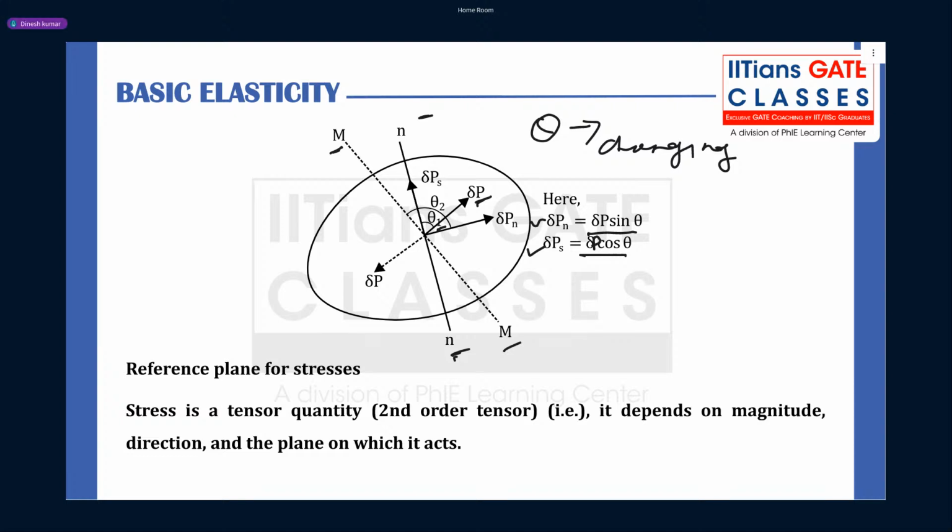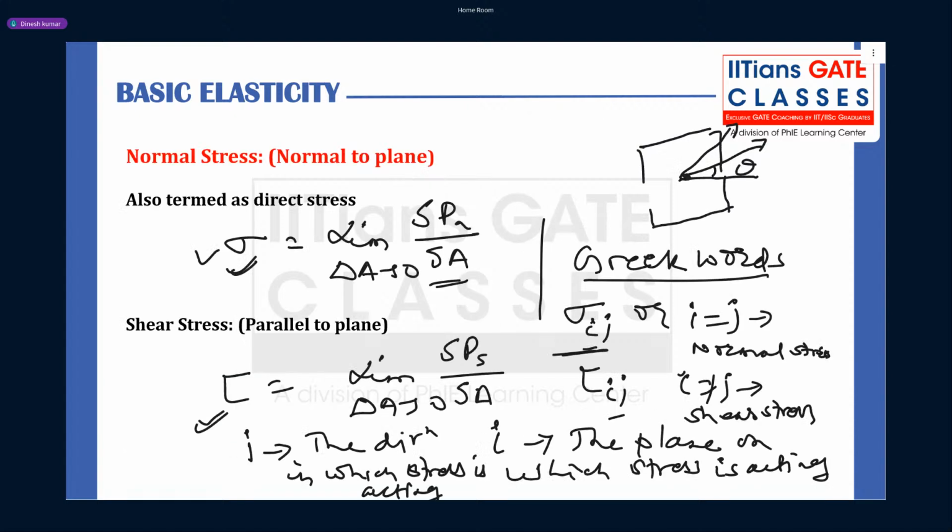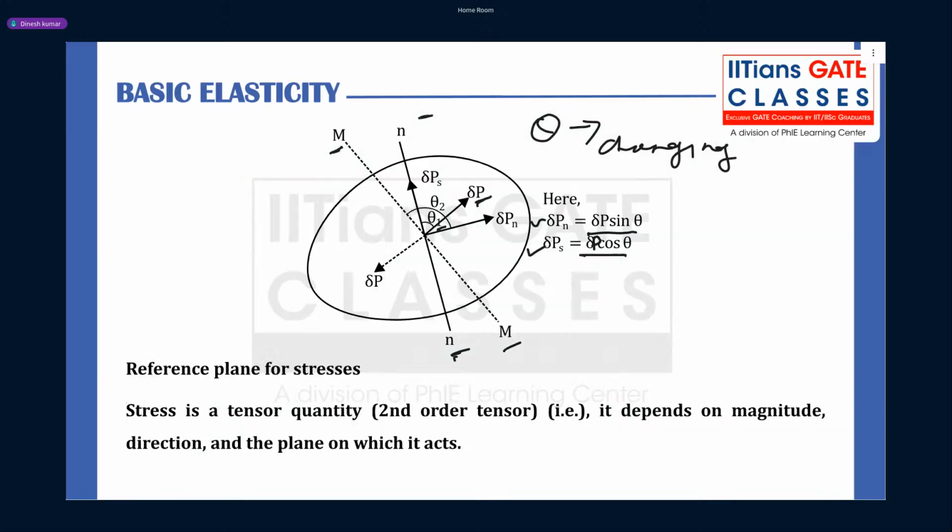Okay. Now, guys, if you go back and see your sigma and tau, if you change your plane, delta Pn and delta Ps change. So that means your sigma and tau will change by changing the plane, right?